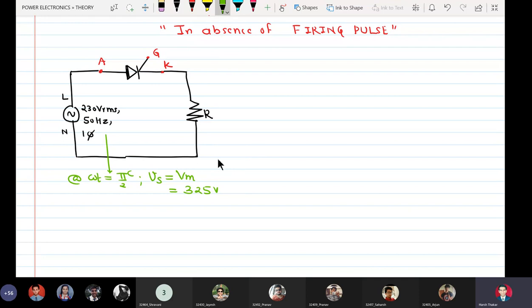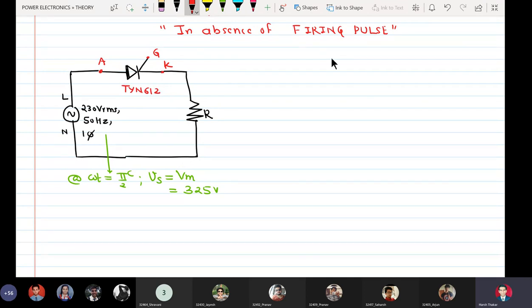Okay, so the maximum possible value of the single phase source occurs at omega t equal to pi by 2 radians, and the value is 325 volts. Now this particular SCR with a typical part number TYN612.